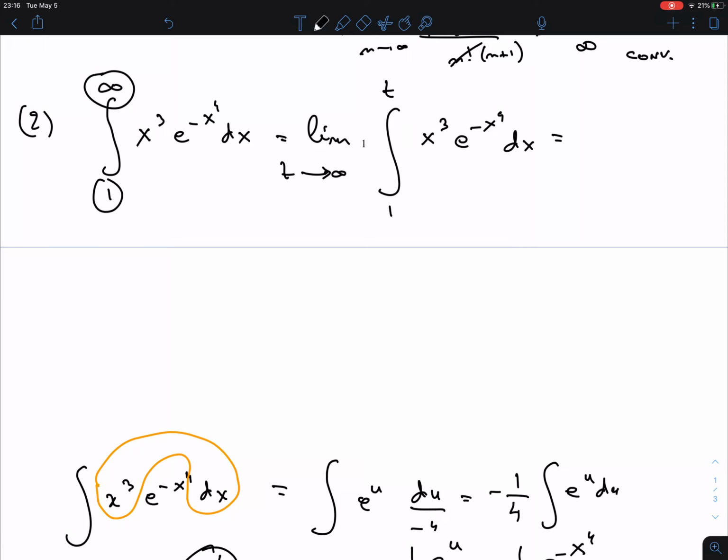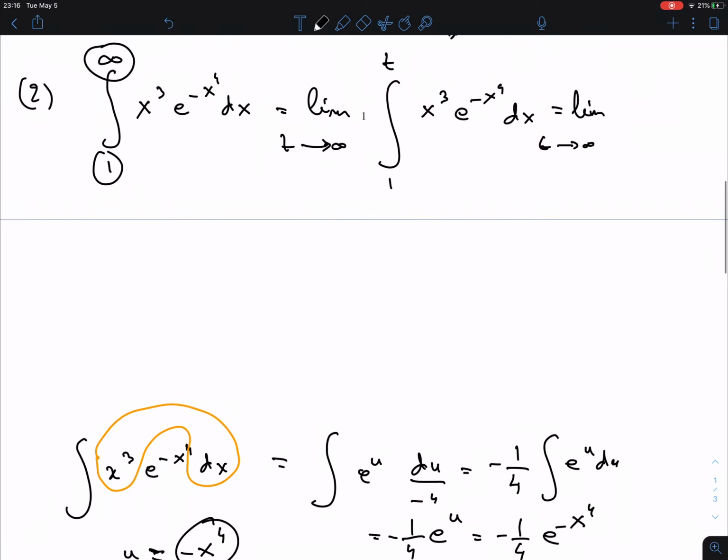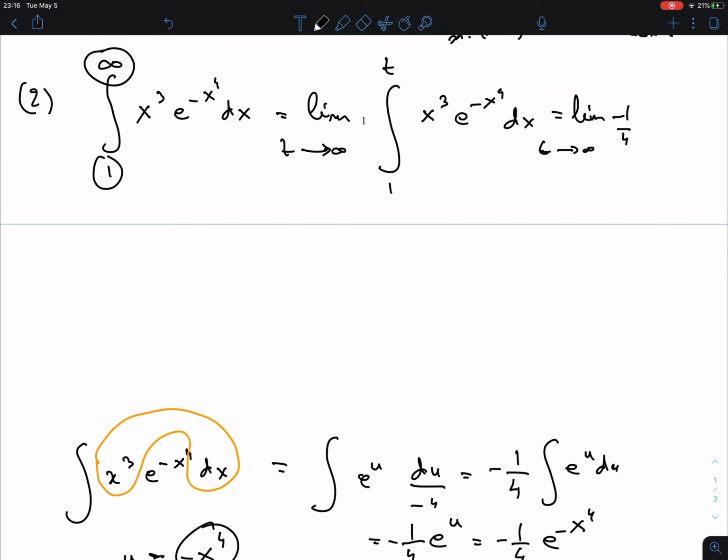So this is now the limit for t going to infinity of minus 1/4 e to the minus x to the 4th between 1 and t. If I plug in that, I get the limit for t going to infinity of minus 1/4 e to the minus t to the 4th, minus, so plus 1/4 e to the power 0, which is just 1.